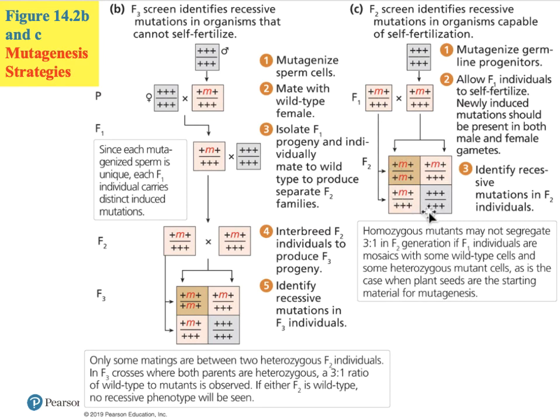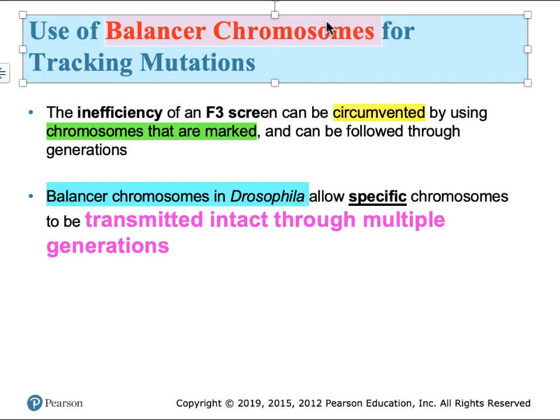One can then screen this population for the mutations of interest. Moving on to another system of selecting for mutants, the use of balancer chromosomes. I'll let the video that's coming up next speak for that, then we'll come back to this.